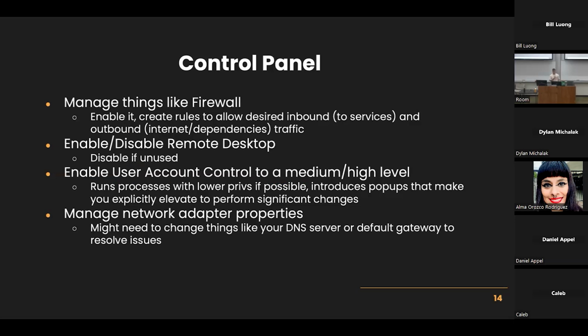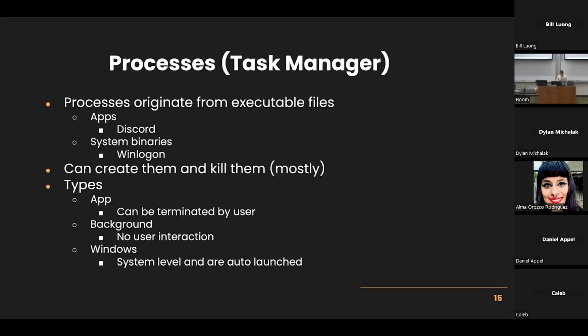It can be used to configure user account control, to be able to have different permissions for executing programs or controlling in different ways. And it's also, as you all probably know from the network week, where you access the network adapter properties to do things like set your computer's IP, set its gateway for your different network adapters.